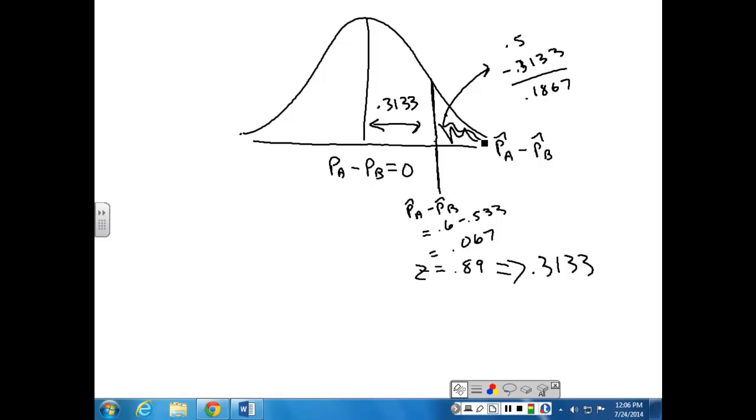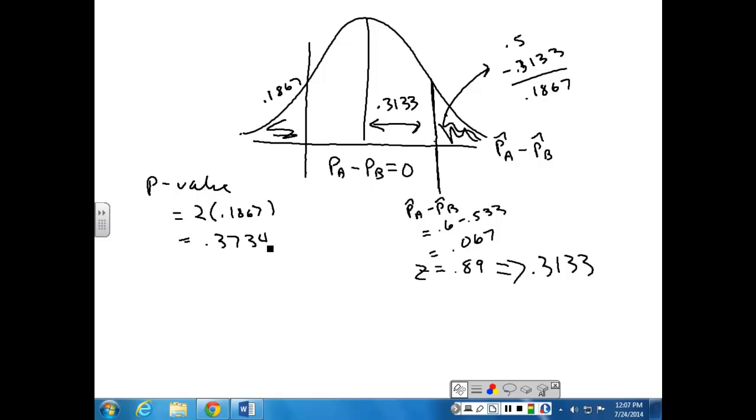That's not the p-value, because this was a two-tailed test. So we also have a p-value over here, another 0.1867. So the total p-value is equal to twice 0.1867, and that's equal to 0.3734.